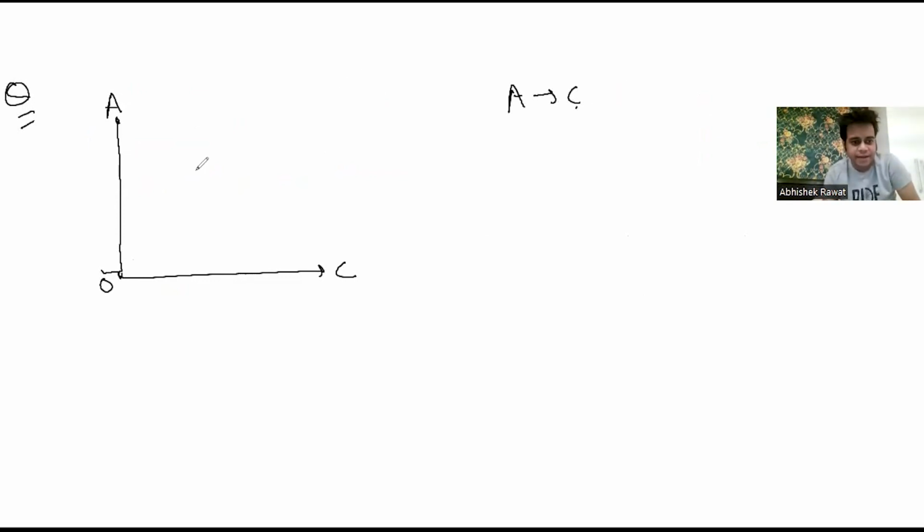If I travel along AO and then OC, I can reach point C. That will be our distance, because it's the maximum path traveled.